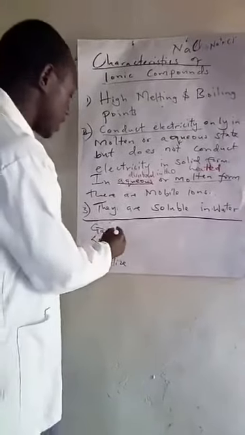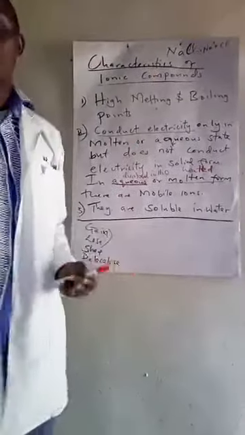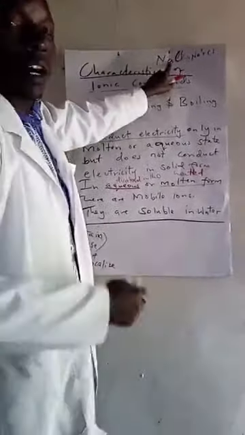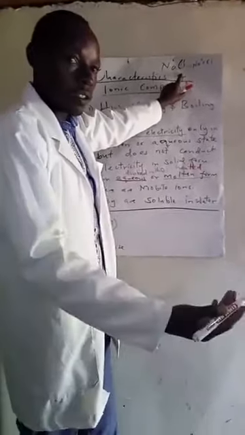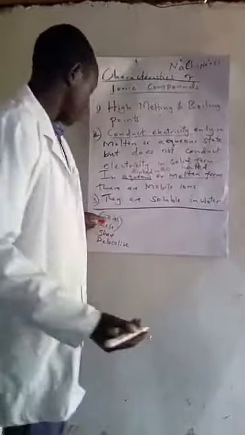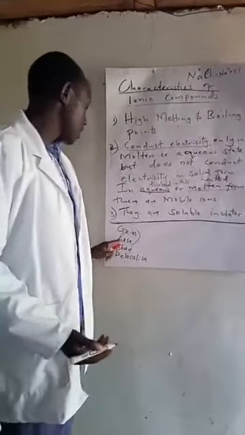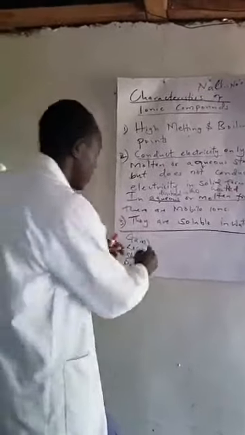When they gain and lose, as we have said for ionic compounds, sodium loses and chlorine gains. So one atom loses, the other one gains.